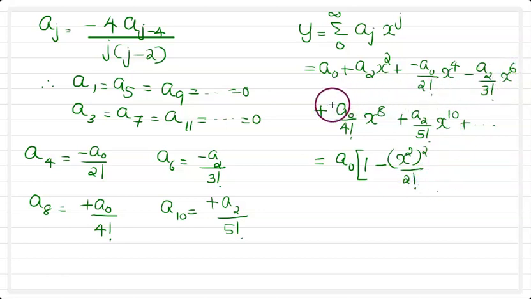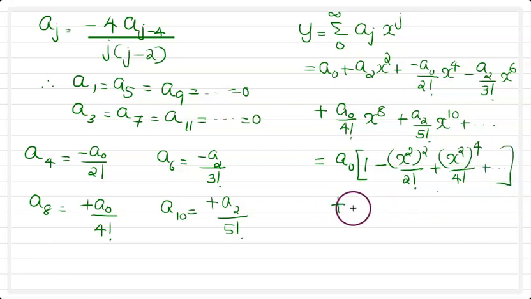Next term containing a0 is this one. Here, after taking a0 common, we have the term x raised to 8 by 4 factorial, which can be expressed as x square whole raised to 4 divided by 4 factorial plus etc.